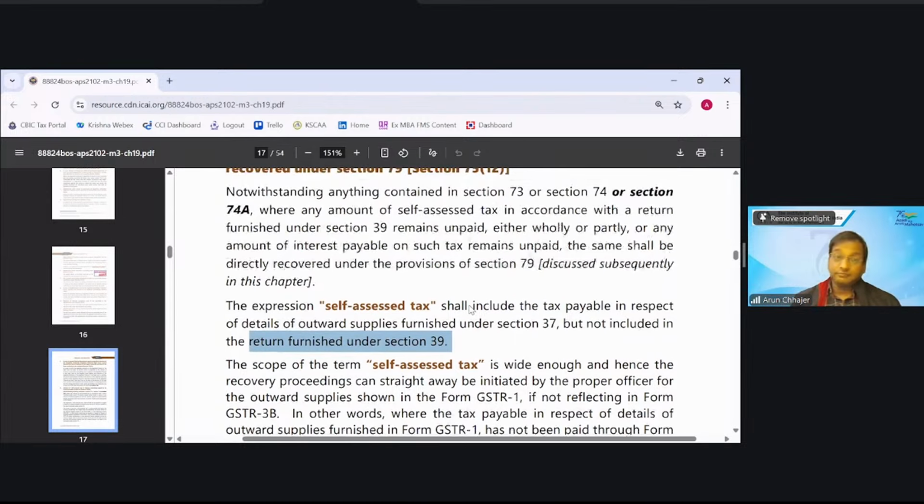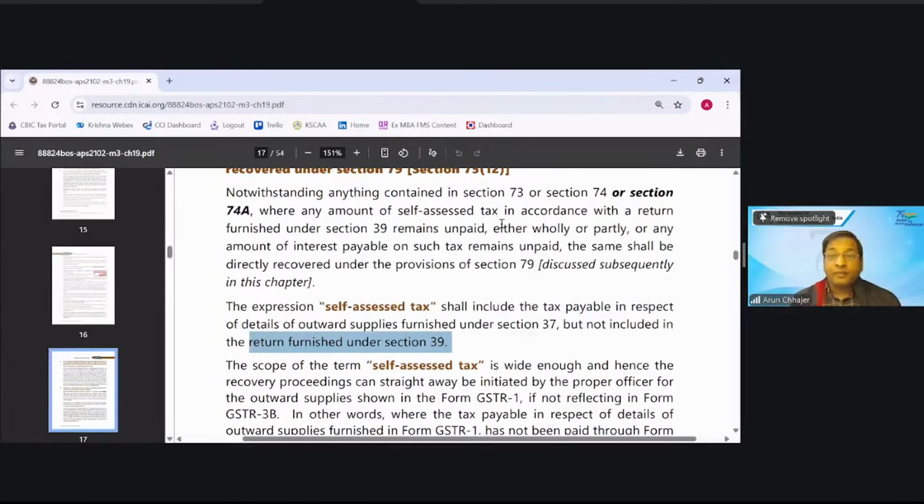See, problem ये आती थी, self-assessed tax in accordance with 39 remain unpaid. ये तो स्टेटमेंट हो ही नहीं सकता ना। Why?